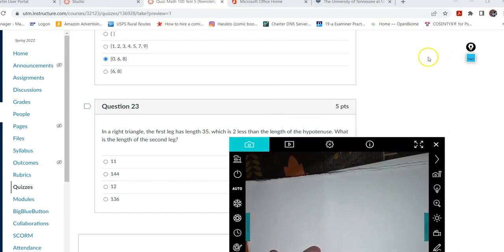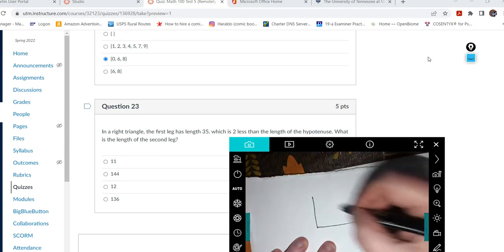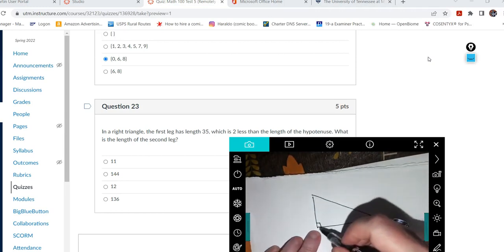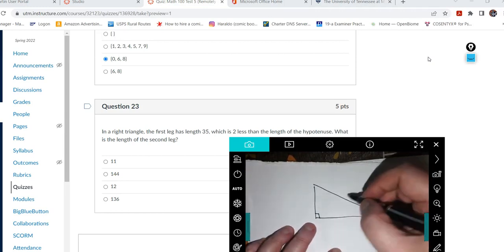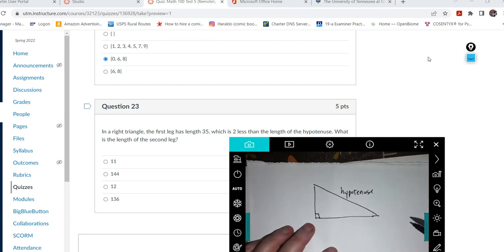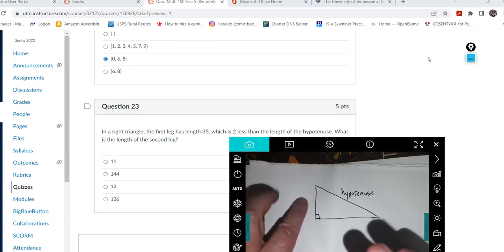Okay, so we have a right triangle. The hypotenuse is always the side opposite the right angle. Okay, and then these are 2 legs, and you can just call first leg and second leg.